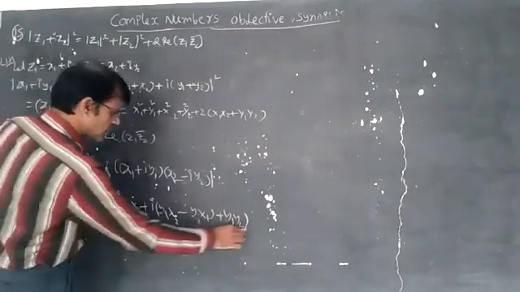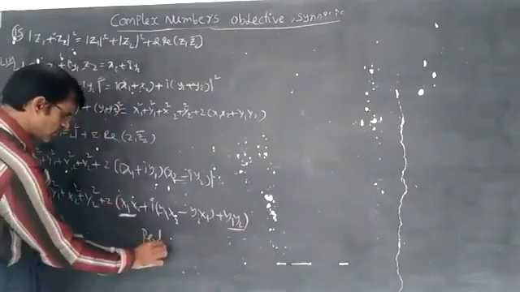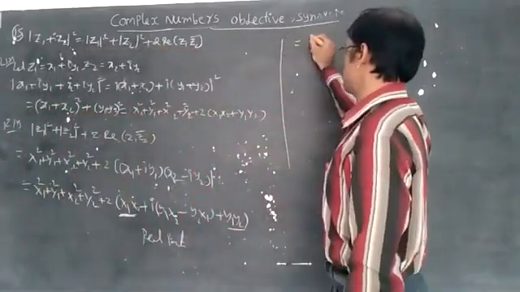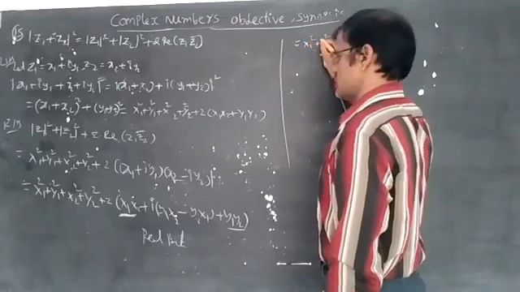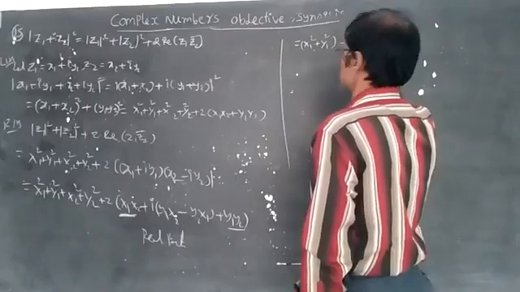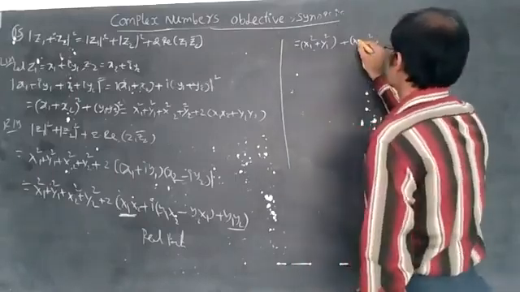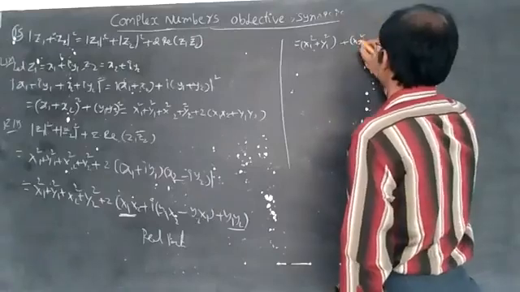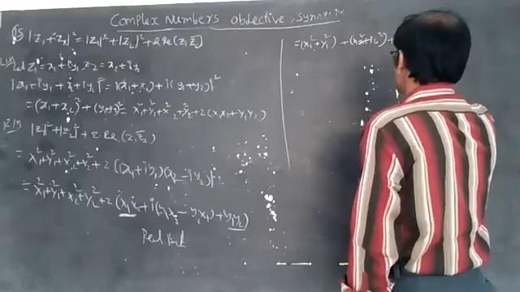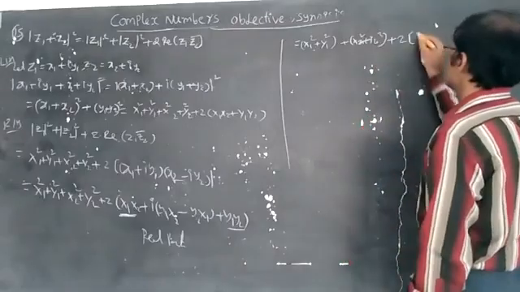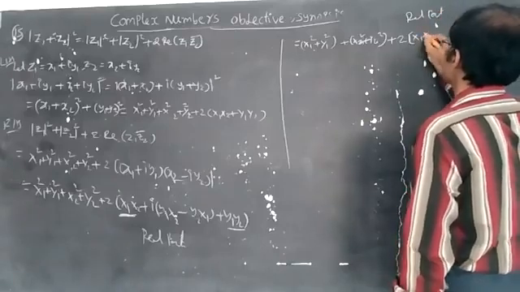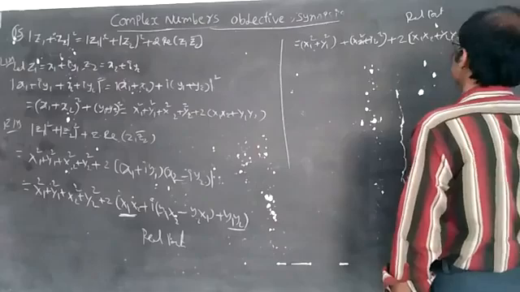Among this, the real parts are the ones we take. So that is x1² + y1² + x2² + y2² + 2 into only the real part, meaning 2(x1 x2 + y1 y2).